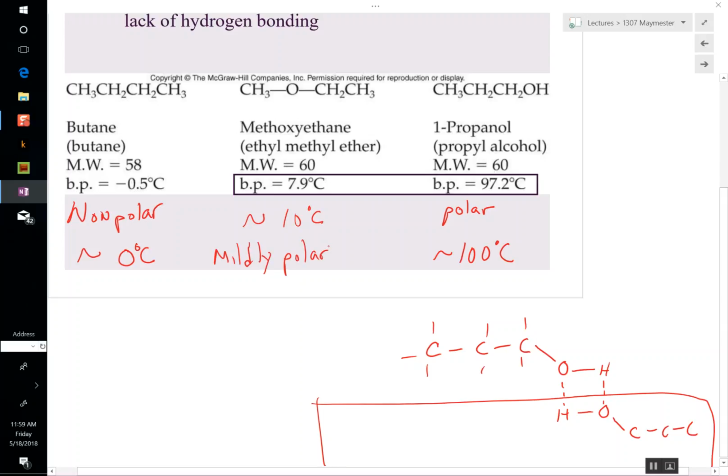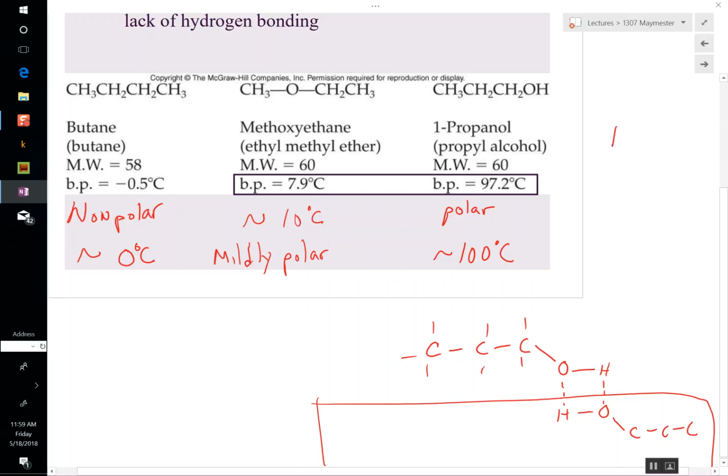And why isn't that as polar as an alcohol? Because there's no hydrogen on the oxygen. When you put a hydrogen on here, now you have two atoms that have very different electronegativities, so you get a stronger negative, a stronger positive here. In ethers, oxygen has a higher electronegativity than carbon, but not as big a difference.